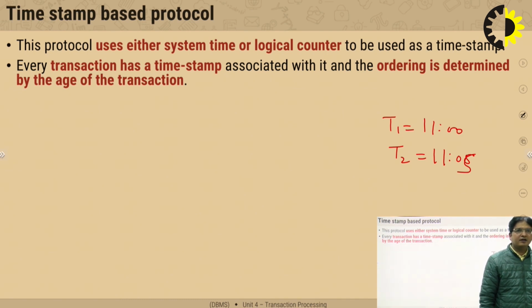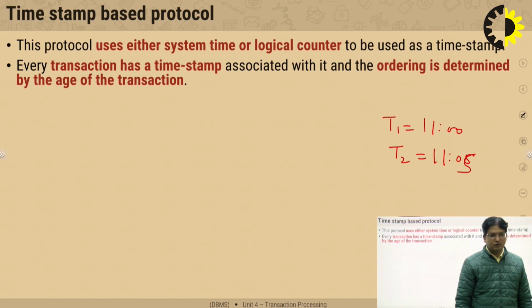That is, it determines whether the transaction is old or young, so that we can determine if the transaction is too late in performing its desired operations. If it is too late, then we need to roll back that transaction so that the database remains consistent.